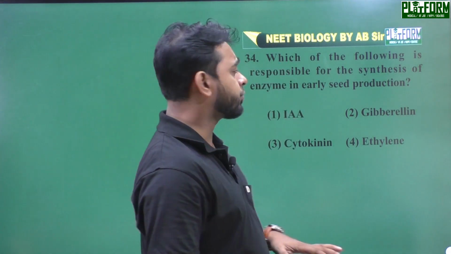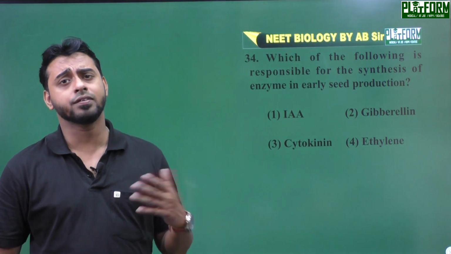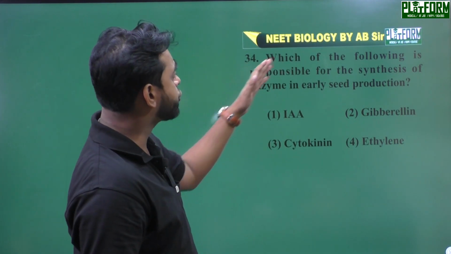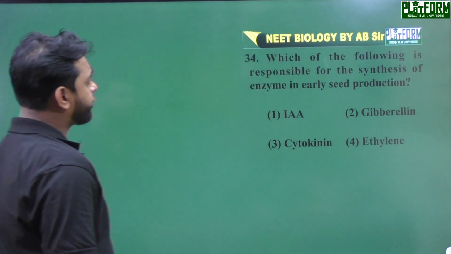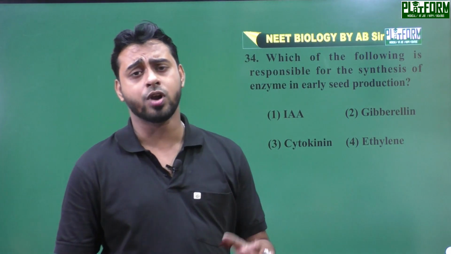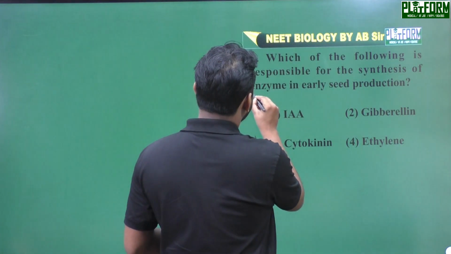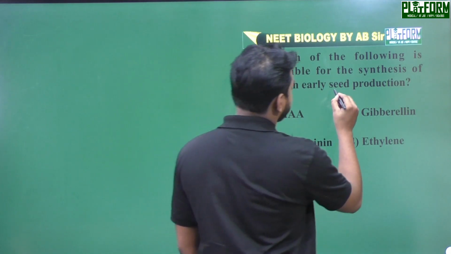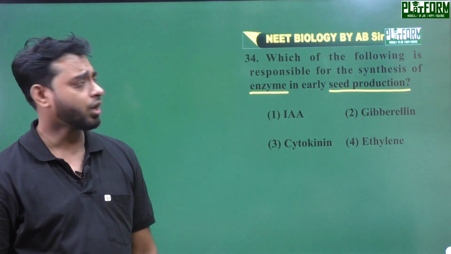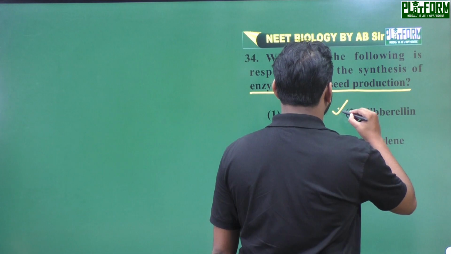Now this question is from the chapter plant growth and development. Here it is written: which of the following is responsible for the synthesis of enzyme in early seed production? Okay, so the correct answer will be gibberellin.